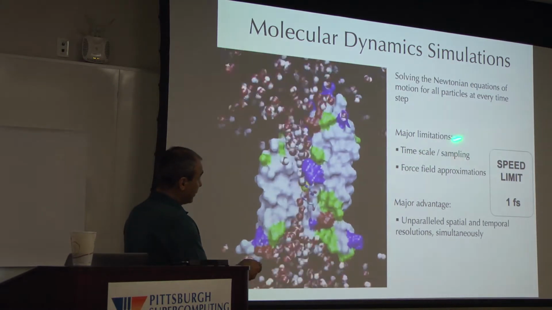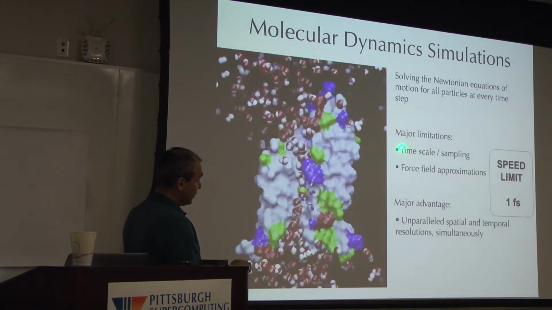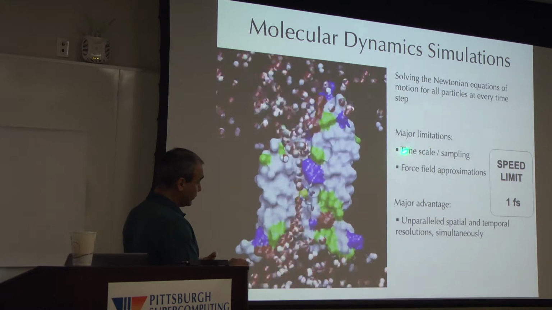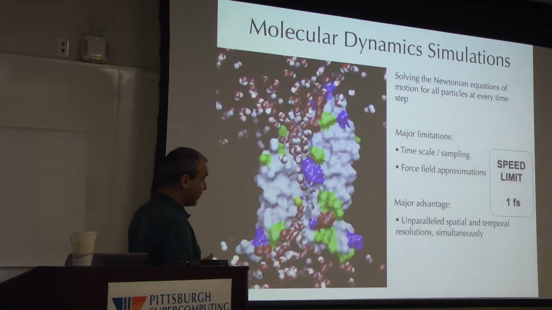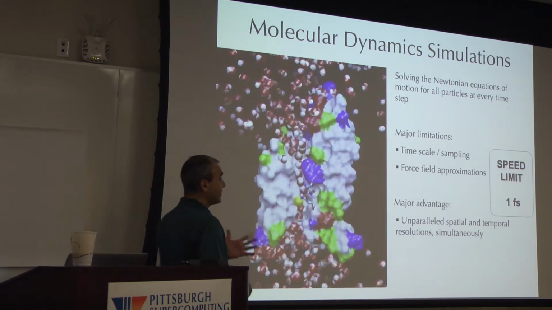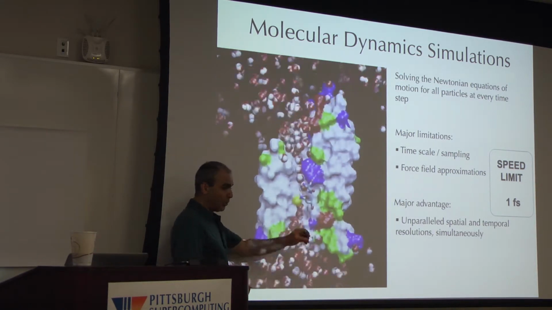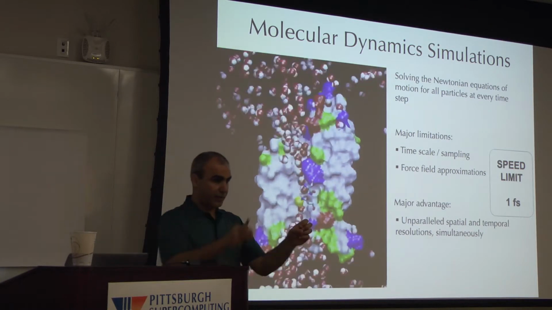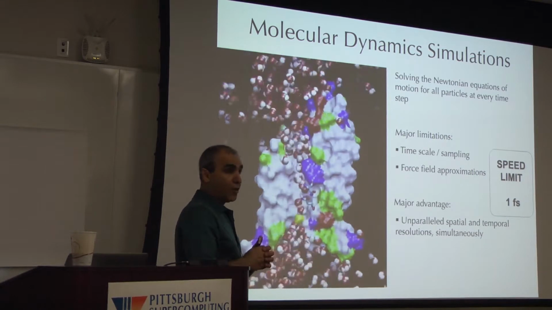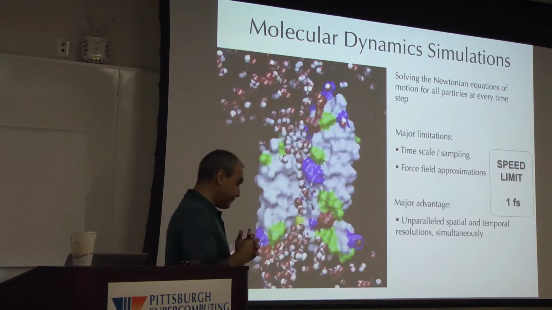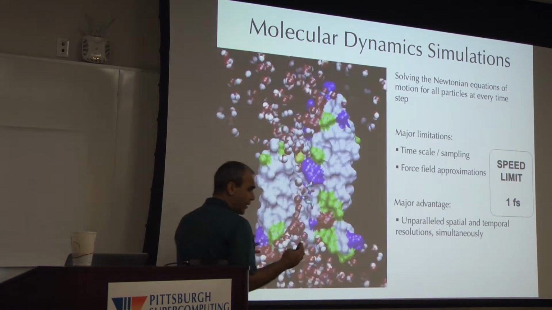and limited sampling. These are the 2 major approximations or limitations of the method: sampling and the force field approximation. We have a classical description of these molecules. That means we have 3 atoms representing water, no charge transfer, no polarization.